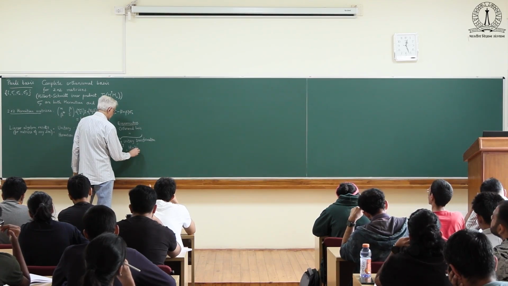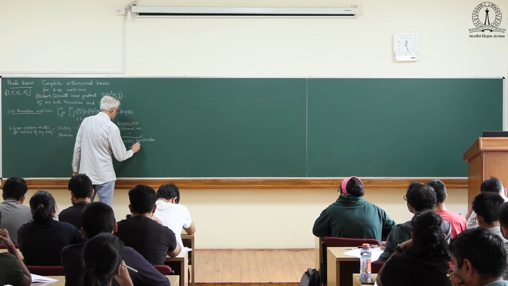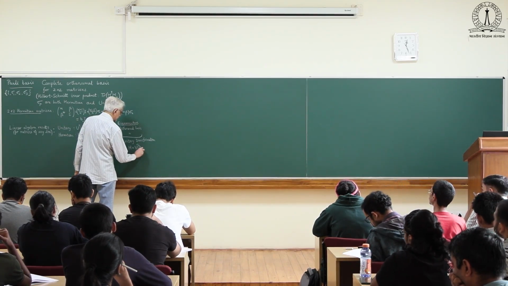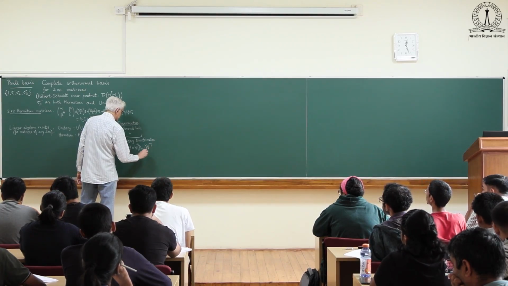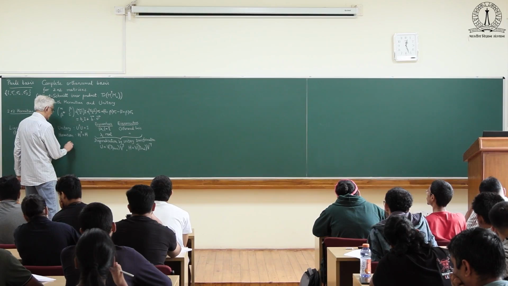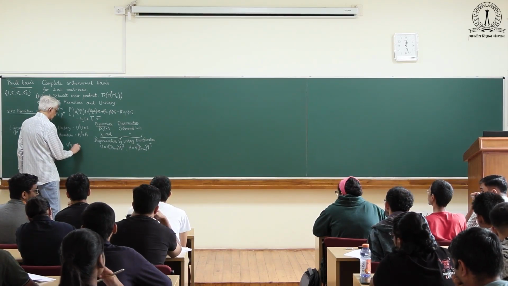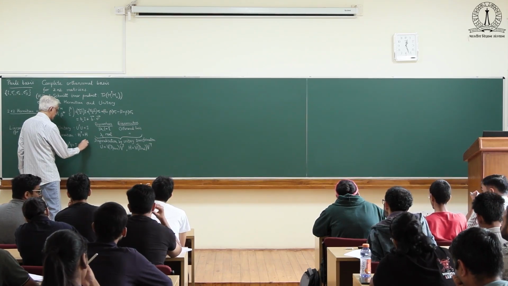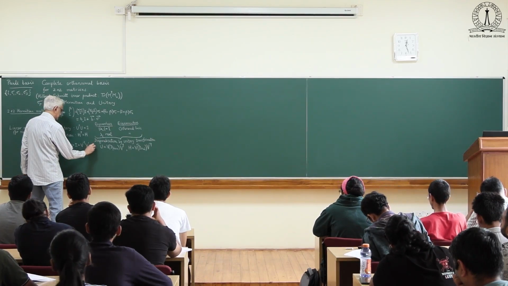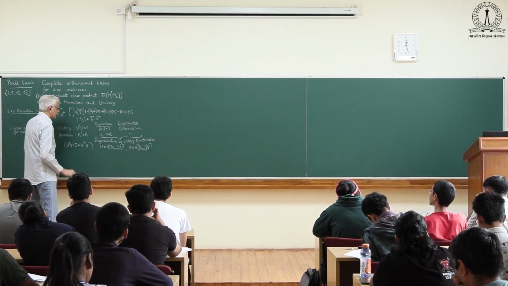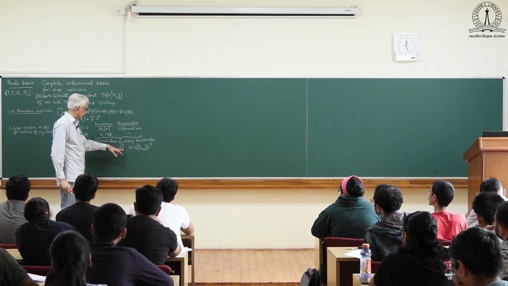It's not the same V, so let me just write V prime. Where V over V. This is a diagonalization operation for linear algebra.